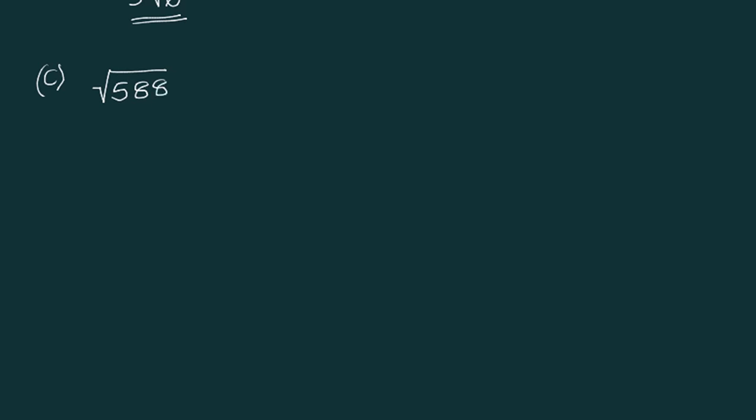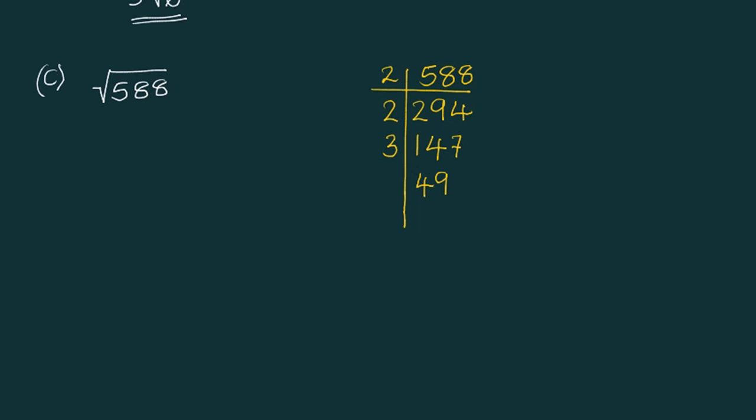Alright, so let's look at 588. Again, it's another bigger number, so we can perform this operation to look for the prime factors. First, dividing by 2, and 2 into 588 will give us 294, and 2 into 294 we get 147, and here we can divide by 3. 3 into 147 will give us 49.